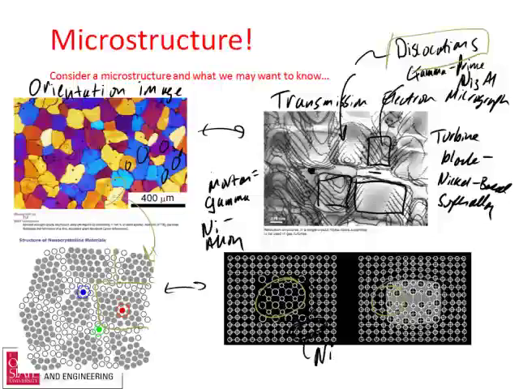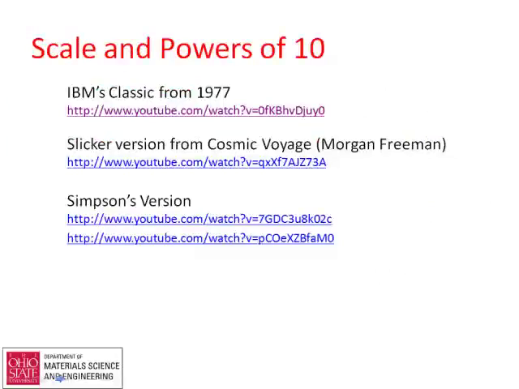This is just at this point an introductory slide, and we'll go through what the features of microstructure are a little bit more. So with this, what I want to do is go through a little bit and remind you about powers of 10 in length scales.